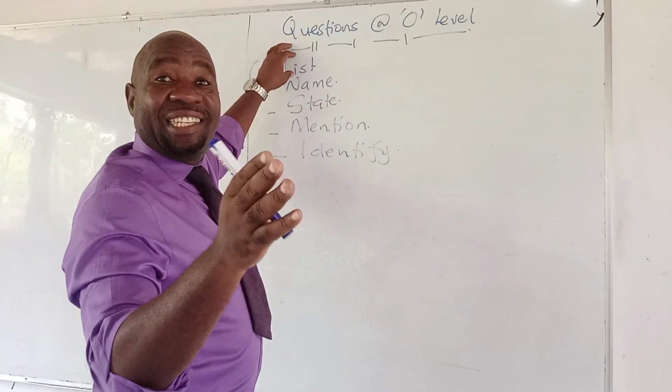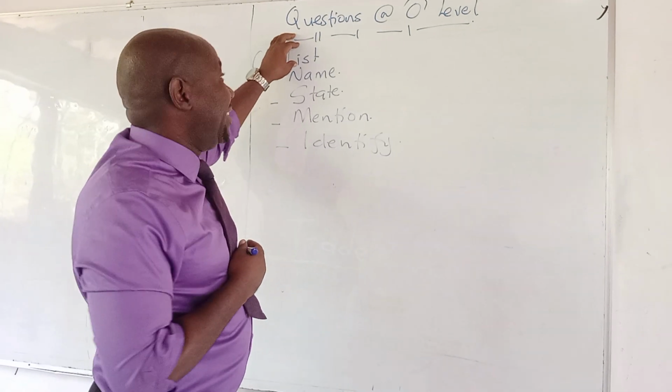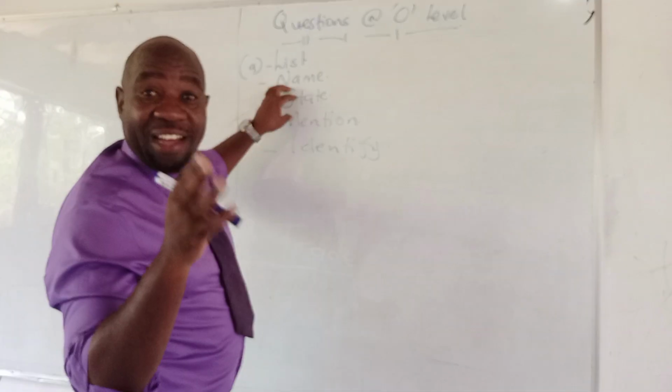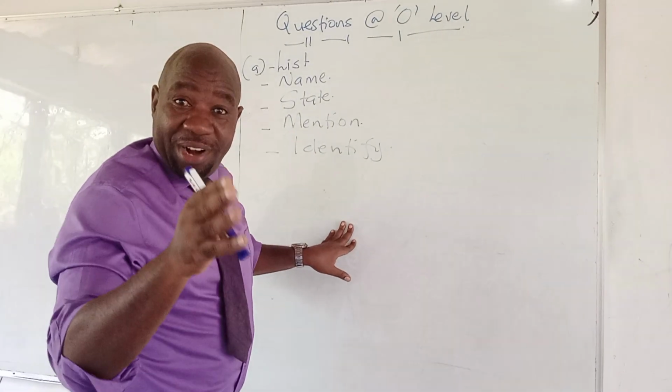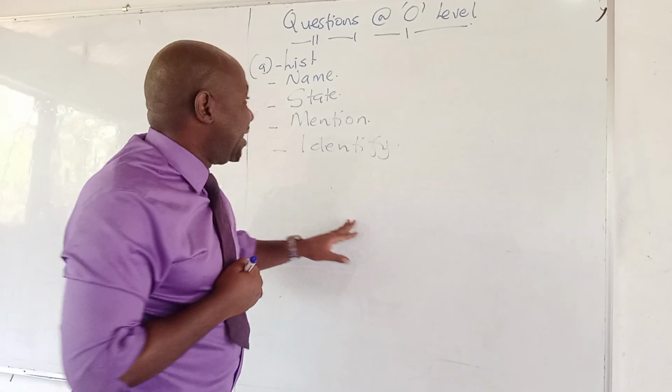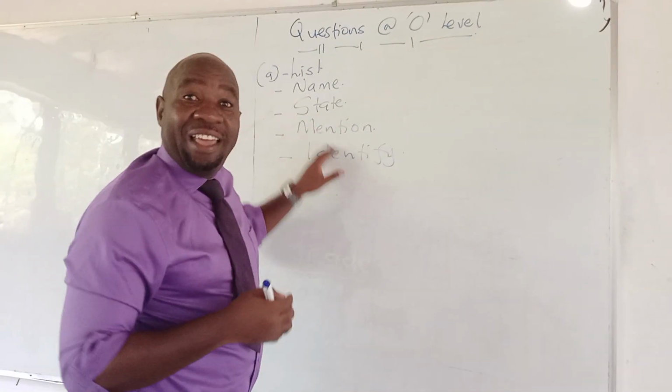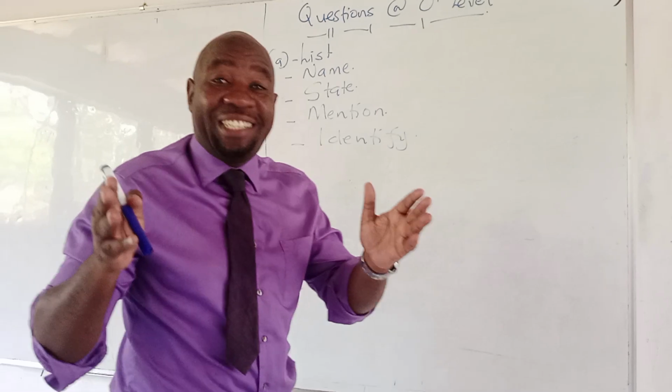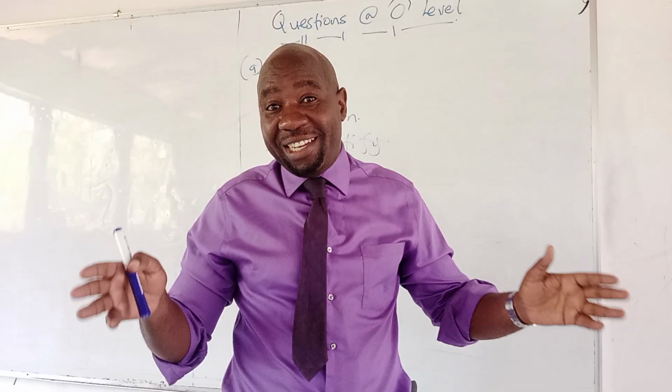Name any six economical activities. Identify any six rulers of the Mutapa state. Mention any factors that led to the downfall of the Rozvi state.